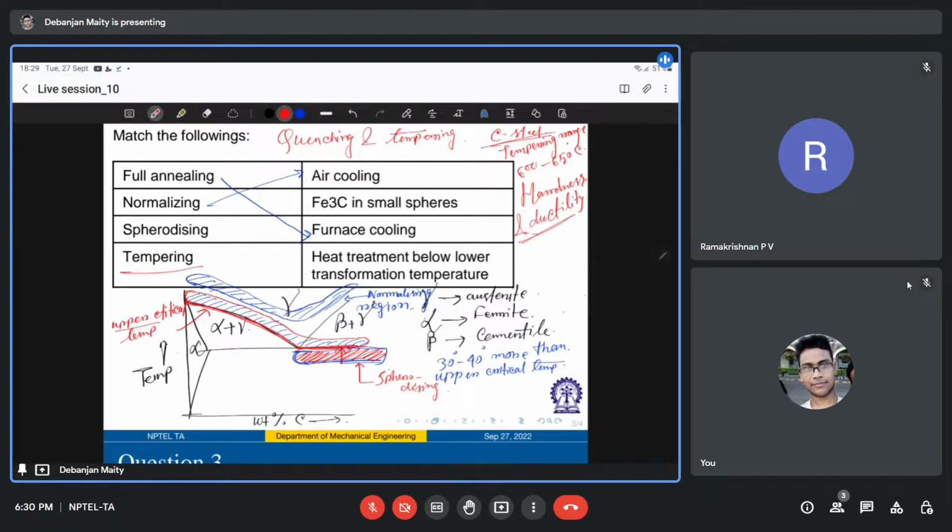So mostly these normalized steels are tempered before use, and quenched steels are also used in the tempered condition. So for spheroidizing it will be Fe3C in small spheres.